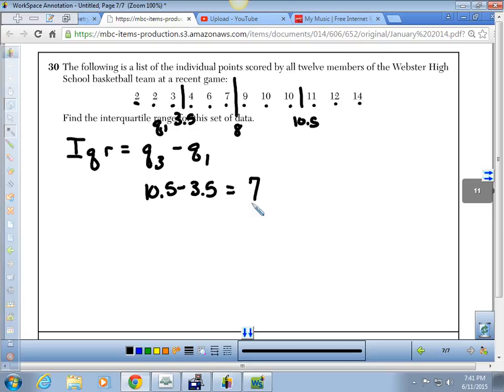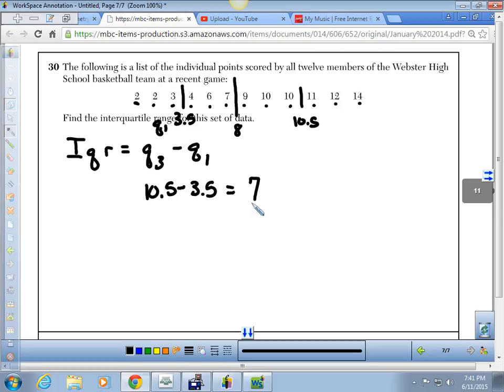So 50% of my data lies within 7 scores. What's the range of the data? 12. 14 minus 2 is 12. So 100% of my data lies within 12 scores, but 50% lies within just those 7 scores. That's the interquartile range.